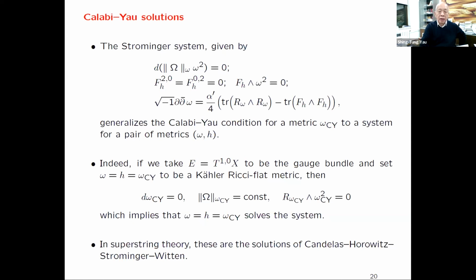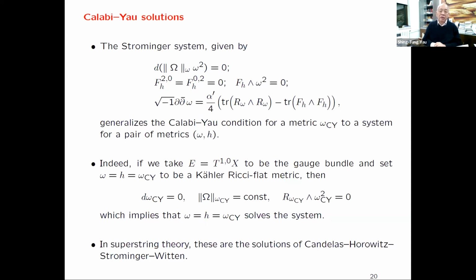So, what do we know? We generalize the Calabi-Yau conditions. For example, if I take the tangent bundle to be the holomorphic vector bundle, the gauge bundle, and we set omega equal to h, both of them Kähler and Ricci-flat, then all the equations hold, because the norm of capital omega is constant, and the small omega is closed, and everything holds trivially.